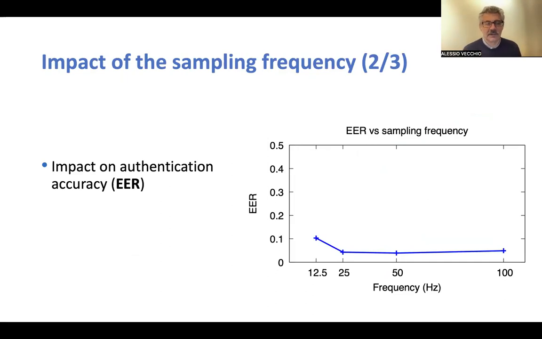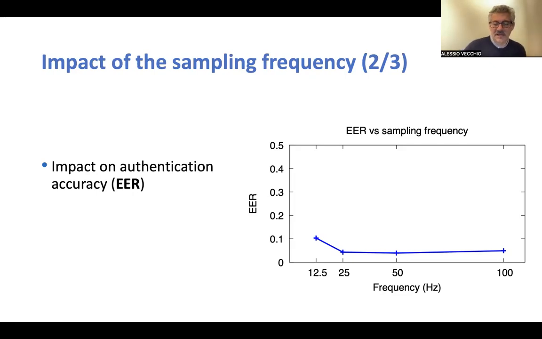Here we have the impact on authentication accuracy. As you can see, the authentication accuracy, the equal error rate, remains more or less the same when operating at 25, 50, 100 Hertz. And we have to pay a penalty in terms of performance when going down to 12.5 Hertz.